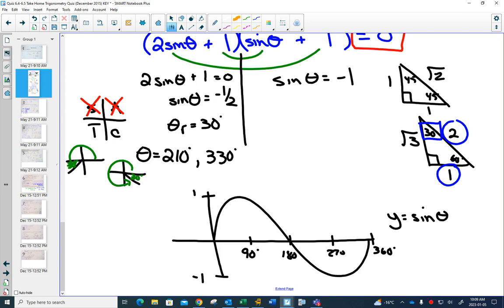And you need to use the graph whenever sine is equal to 0 or 1. Because technically, you cannot draw a triangle when sine of theta is equal to 1, because as a fraction, that would be 1 over 1. And that would mean your opposite side is 1 and your hypotenuse is 1. They're exact. That would just give you a straight line.